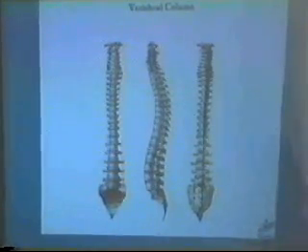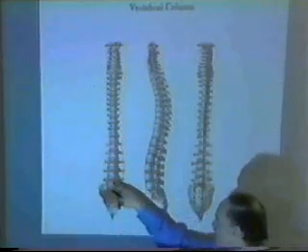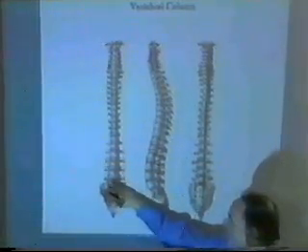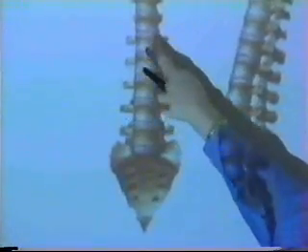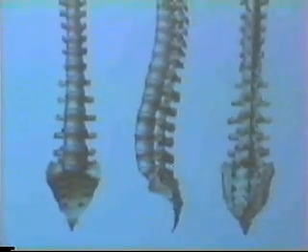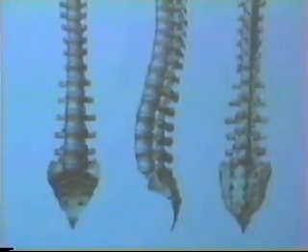And what you are looking at in this illustration is fundamentally the vertebral bodies and the discs, the intervertebral discs between those vertebral bodies. That portion of the vertebral column has as its primary function the support of weight. That's what it's primarily designed to do.